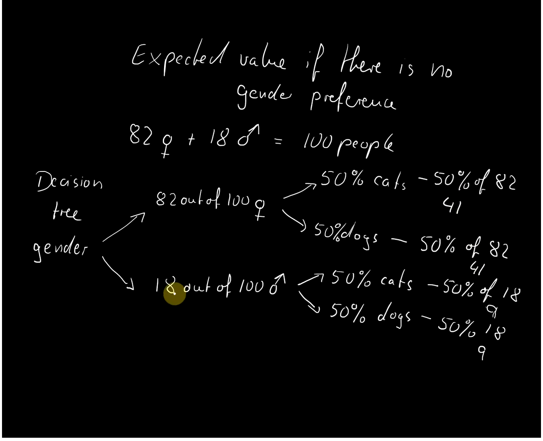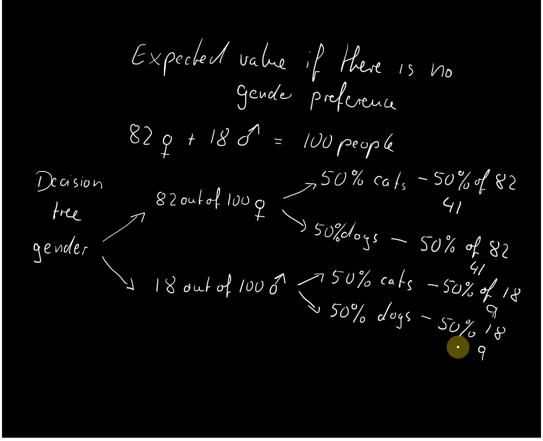And with the males, we have 18 males out of 100, and if there was no gender preference, 50% would like cats, so 50% of 18 is 9 men like cats, and 50% would like dogs, so again, that's 9 men like dogs.